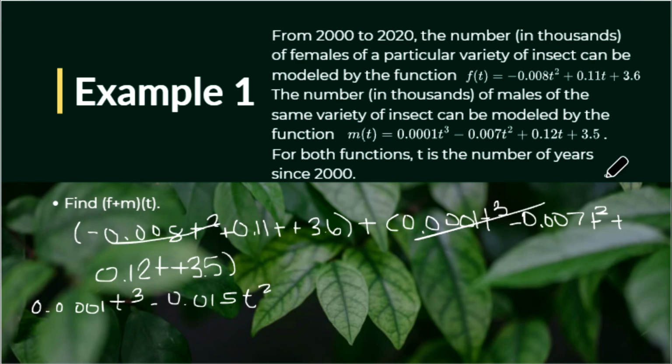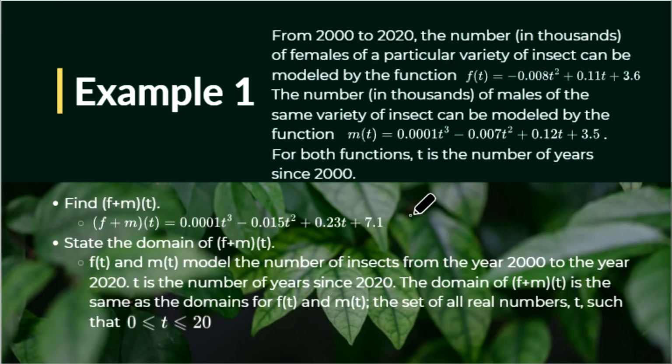Then we have just plain t, which is, we have 0.11 and 0.12, so it's going to be 0.23 t, and then we have 3.5 and 3.6, so it's going to be 7.1. Okay, that's our final formula right there.